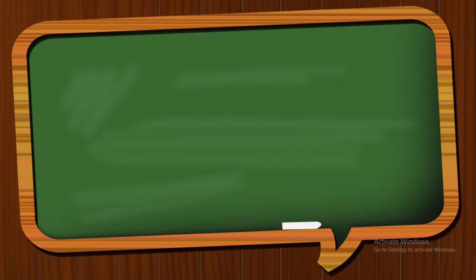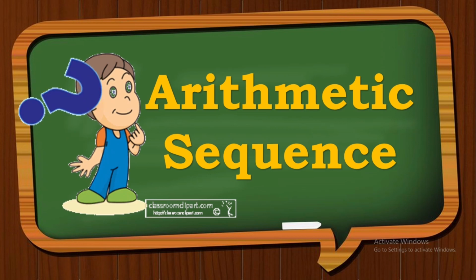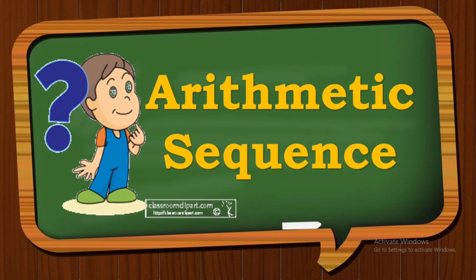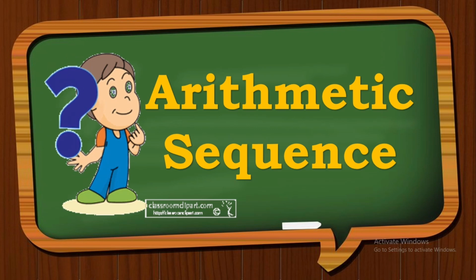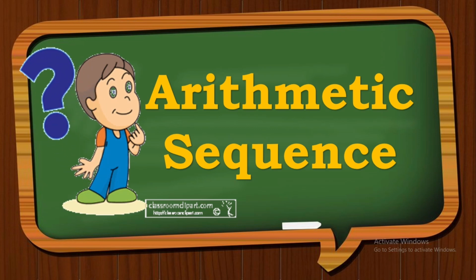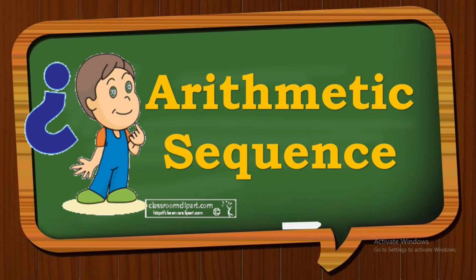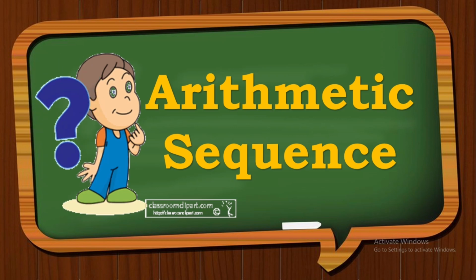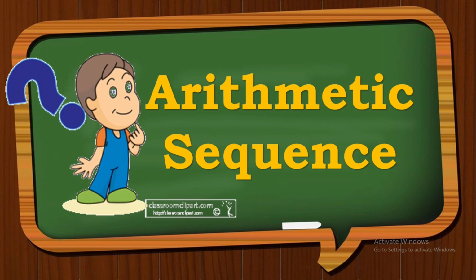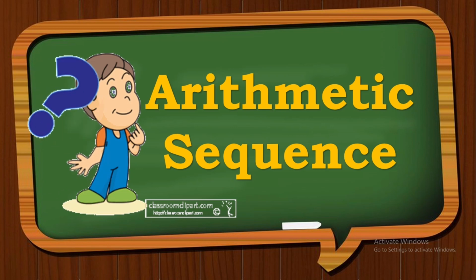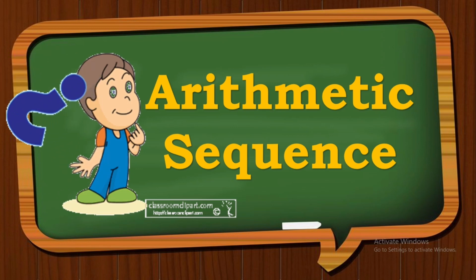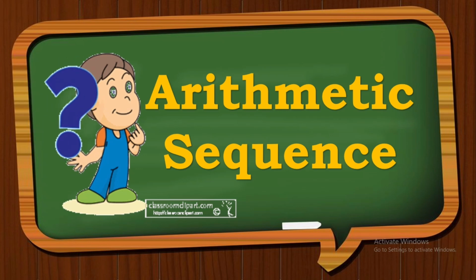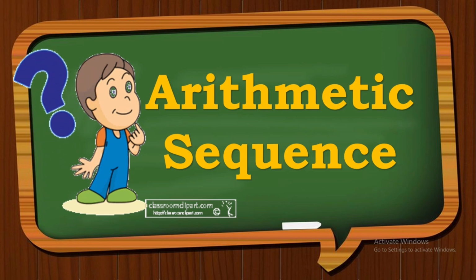But for now, let us start with the arithmetic sequence. Here, we are going to discuss how an arithmetic sequence is formed, how we are able to determine the nth term of an arithmetic sequence, its sum, and its means. So I hope you are still with me. Let us continue this lesson.